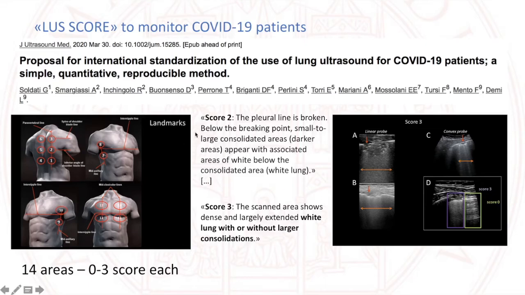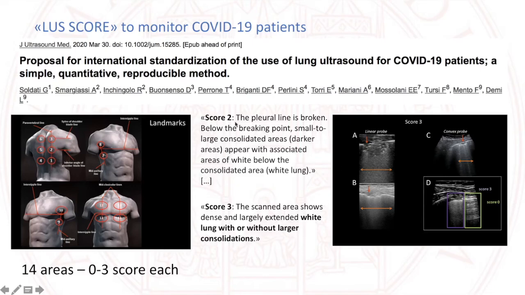This is another example of a proposal which was made quite recently by some Italian authors, guided by Gino Soldati, who is a master and one of the founders, I have to say, of lung ultrasound. They propose an international standardization where the chest is divided in 14 areas, not 12, because they consider 3 areas at the posterior part of the lungs.